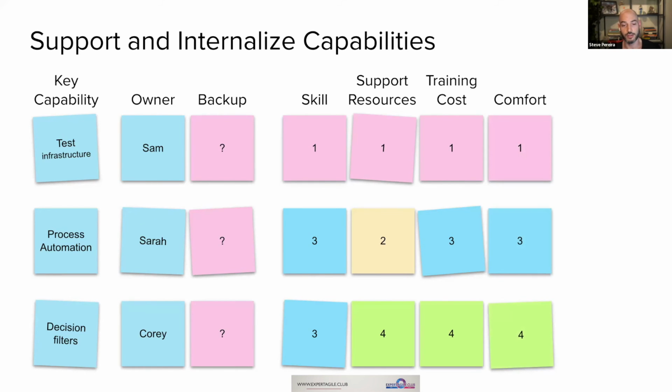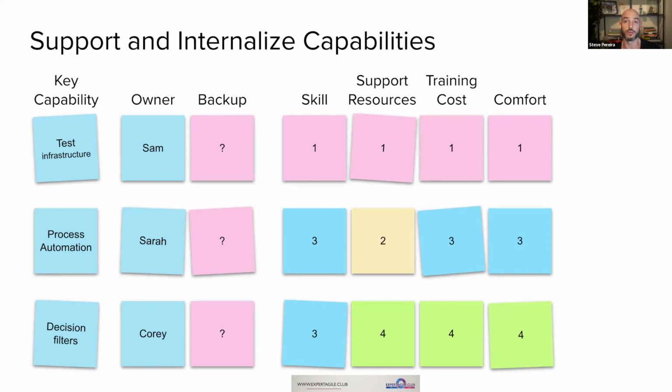Then we also look at comfort, because if the team's going to take on a new capability, if they're going to be doing something they weren't doing before, we want to make sure that they feel comfortable in doing that. And so this is a measure that takes the temperature of the team and helps them voice any concerns about adopting this capability, whether they think it's worth it to break a dependency for the sake of going faster.